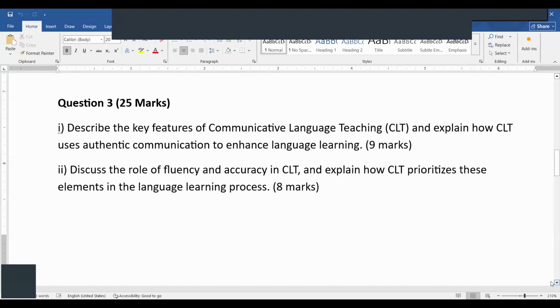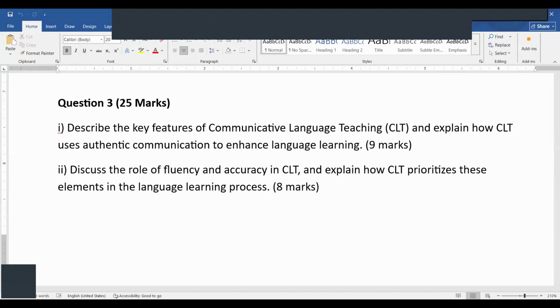As a result, their communication abilities and competency will be very high. And the activities are uncountable, because teachers can use a variety of activities under communicative language teaching.